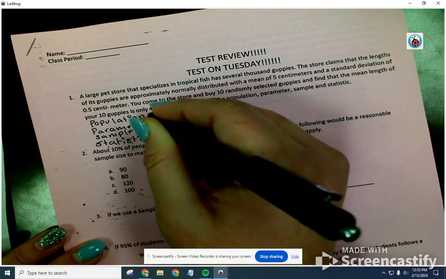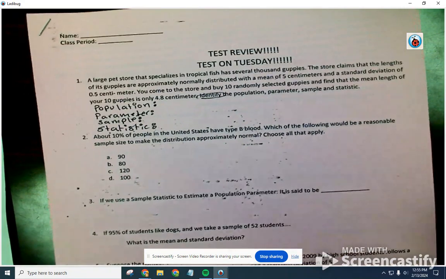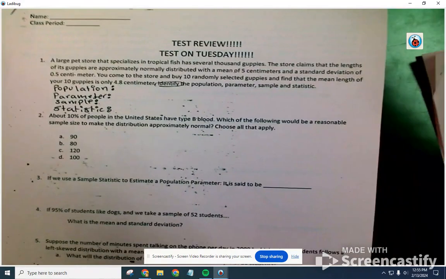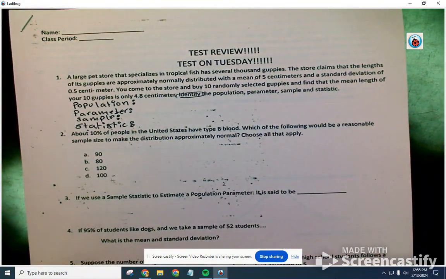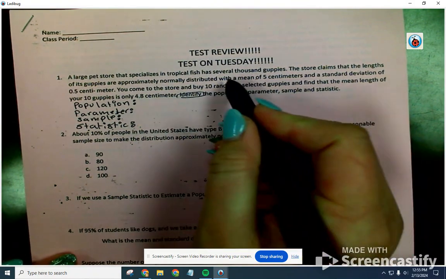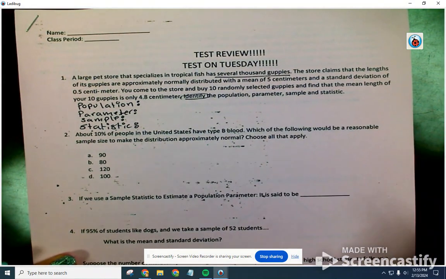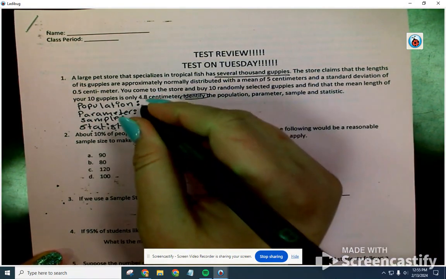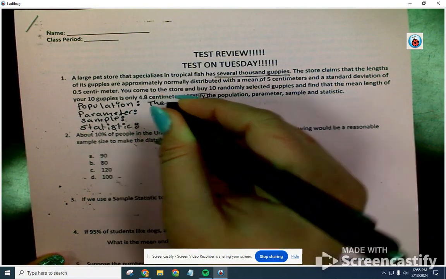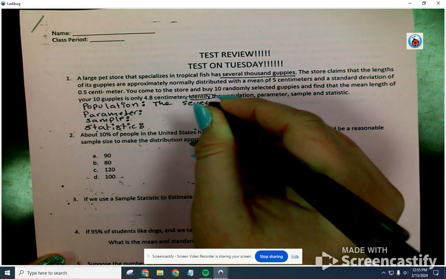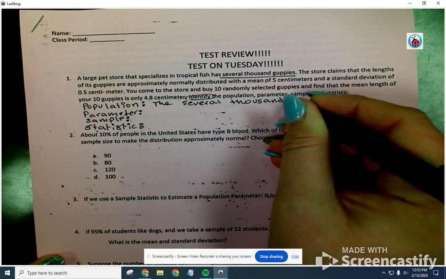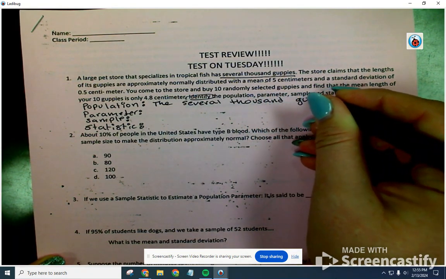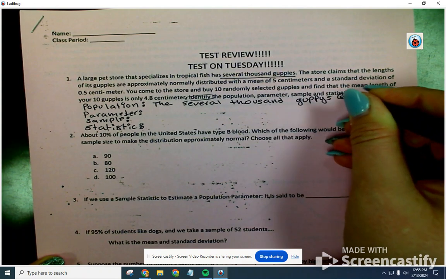So with our population, we're trying to figure out what is the key thing that they're talking about. What is the big group? What's the big picture? And that would be the several thousand guppies at the pet store. So for population, I'm going to write the several thousand guppies at pet store.